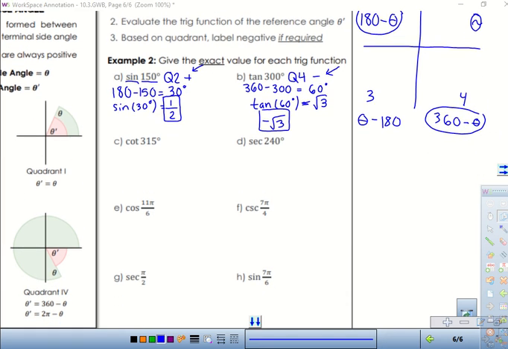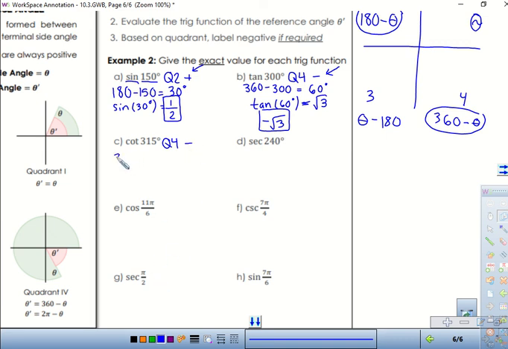You understand the procedure? Okay. Next one. Cotangent of 315. First, what quadrant are we in? Good. In that quadrant, is cotangent positive or negative? It follows the same rules as tangent. Negative.